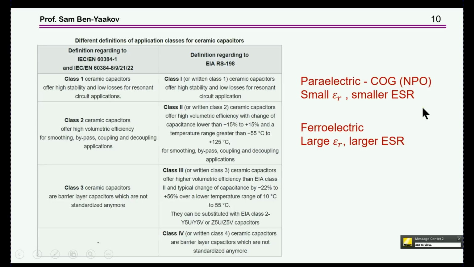This is the best ceramic capacitor available. They are paraelectric, so they don't suffer from all the problems of ferroelectric. And also temperature-wise, we'll see in a minute. While in the case of the ferroelectric, we have all the problems I've mentioned. And one of the differences is also the ESR, the resistance, the losses, we'll talk about it, which are lower in the paraelectric capacitors, while in the ferroelectric, they are larger.